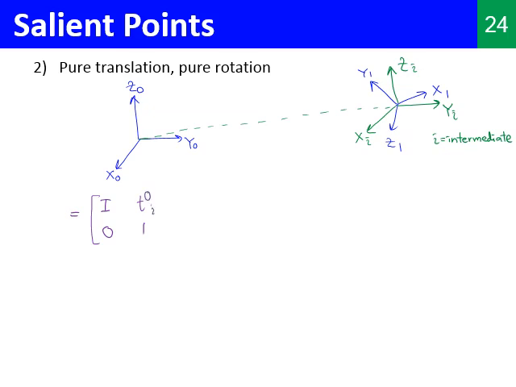So again we will have that intermediate frame, right, which is followed by the change of rotation, that would be Ri1, and there won't be any translation. Okay, so we post multiplied because we are using the current frame.